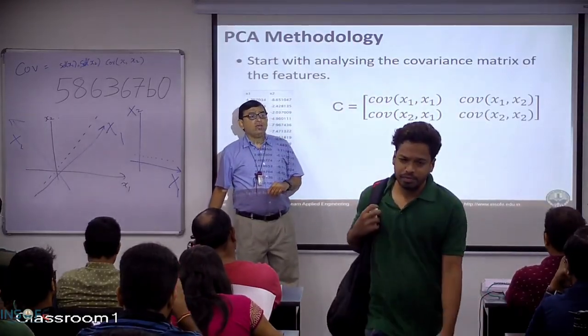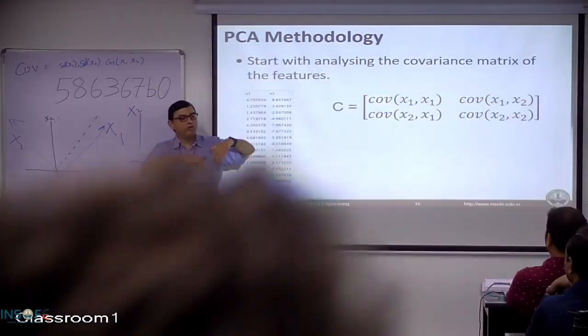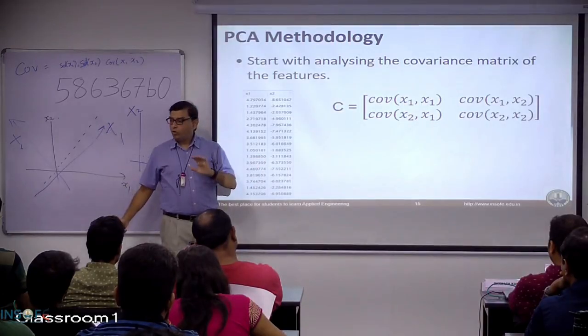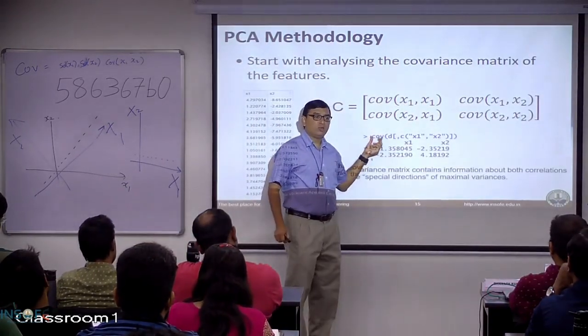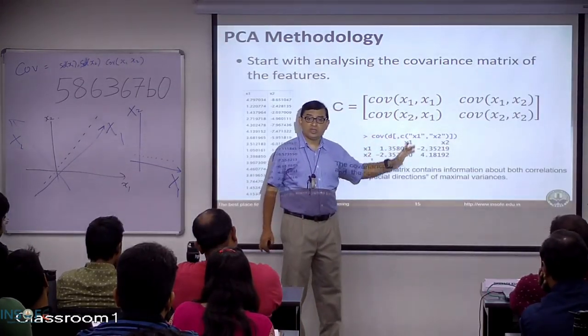Okay. I have this data. I wave my hands and try to convince you covariance is important in this analysis. I'm going to go ahead and compute the covariance. In R you compute it with the cov command, the covariance between those two values x1 and x2, and I get a matrix.